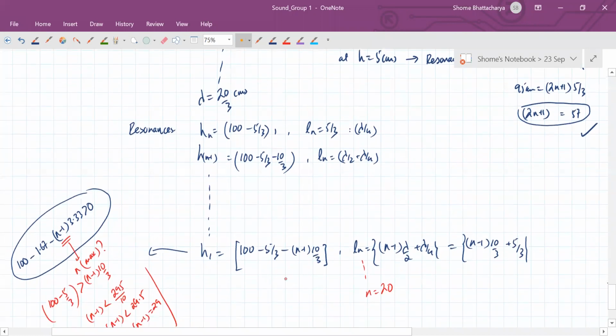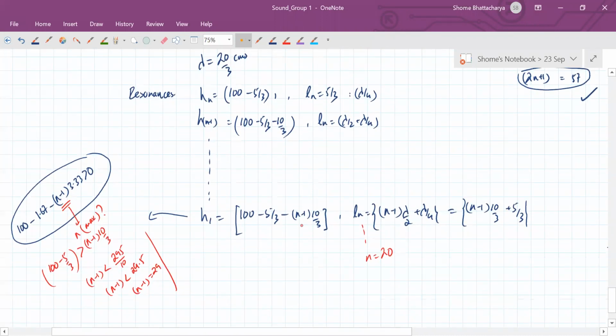And this height which you will get will be 29 times, plus 5 by 3.